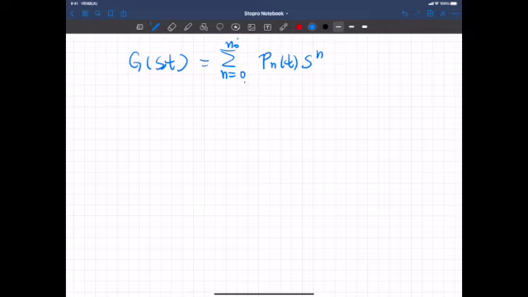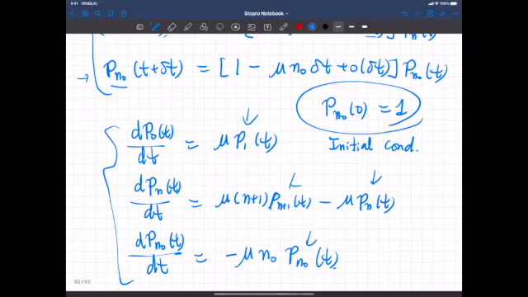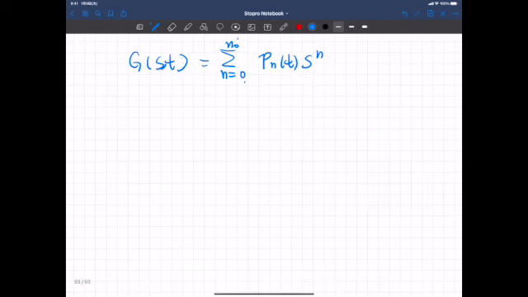So as usual, multiplying both sides of this differential difference equation by the powers of s and summing over all the terms, you should have something like this.